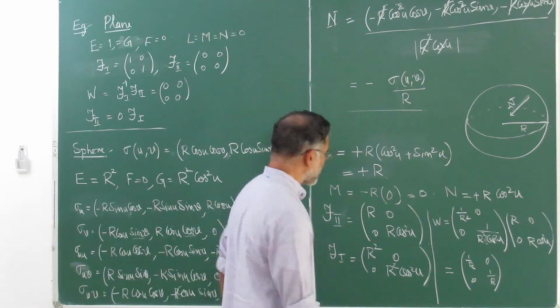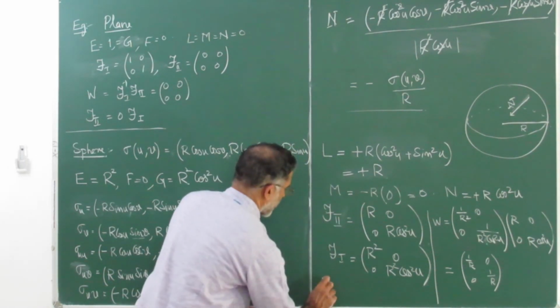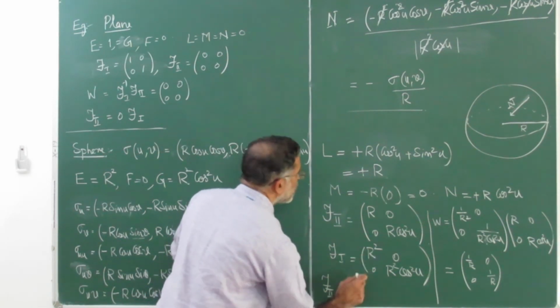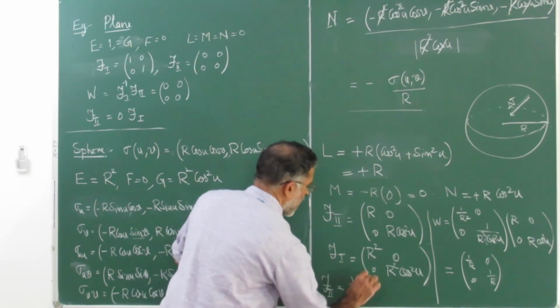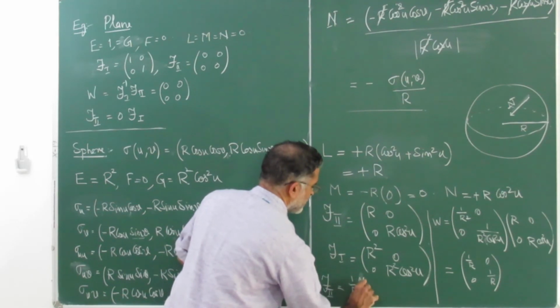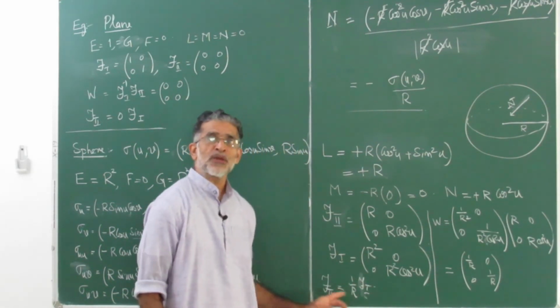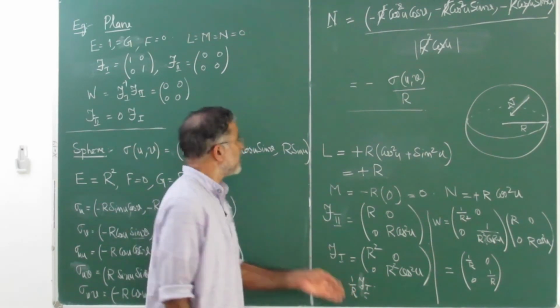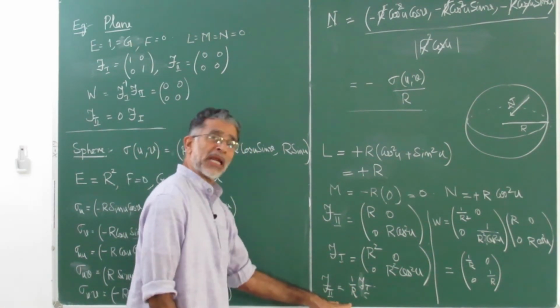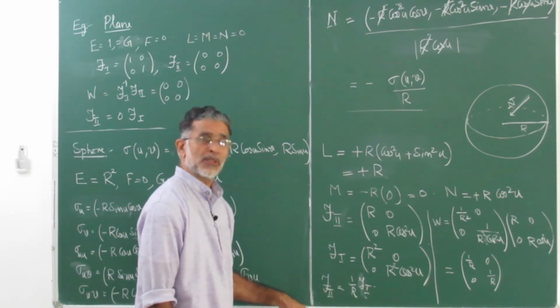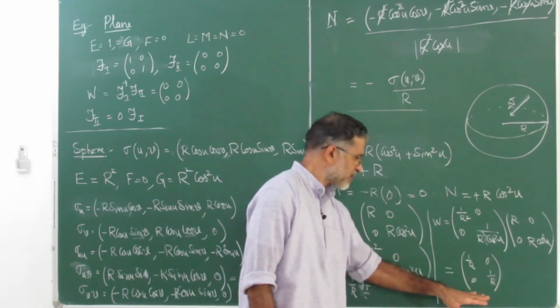You can easily see that your F2 is actually equal to 1 upon R F1. We have just noticed if the eigenvalues are same, then you are going to get this. You have seen an example here, you have seen another example where this happens. And this example is nice, we will come back.